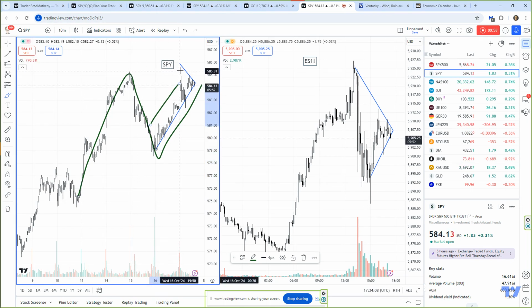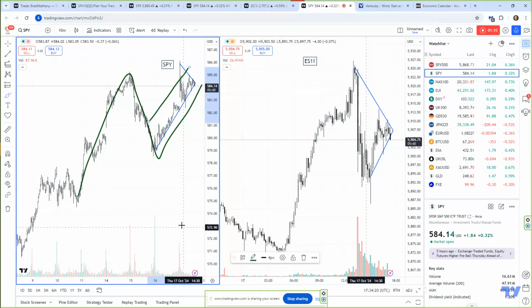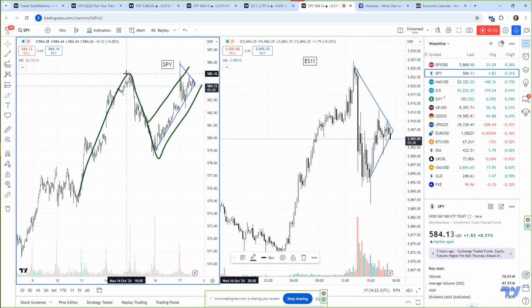We have gotten higher, but this was an open that came all the way back into this low. So we're looking for this flag to break out. In essence, we've got this flag moving up like this. We're getting very close to potentially breaking this area, and we have a long way to go to get down to this area.